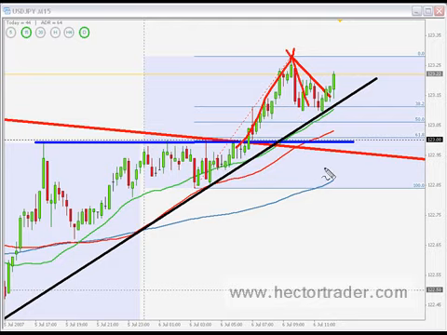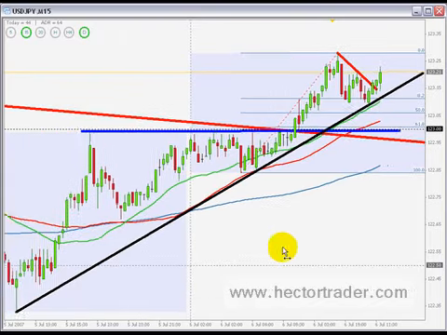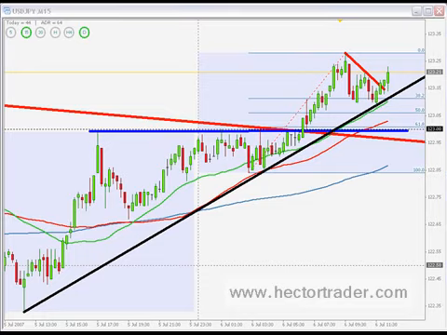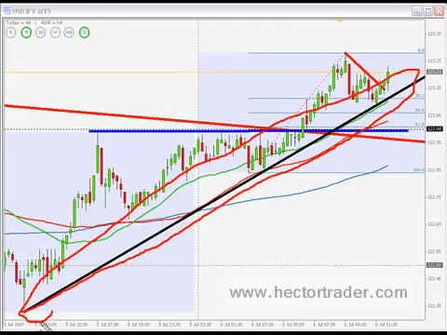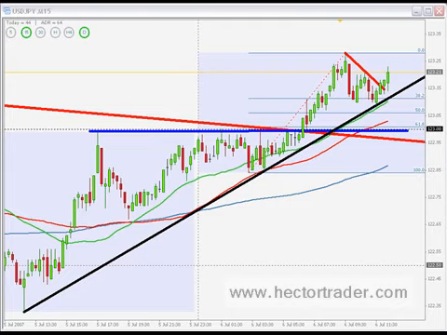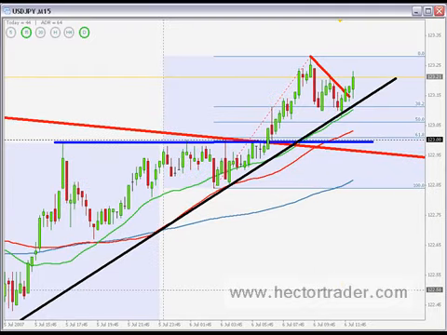Breakout, we saw a retest back to this dynamic area of support, since we are in an uptrend. Also back to the intraday trend line, this black line I'm marking right here, retested there and there, and also right in between the 38 and the 50 Fibonacci levels.